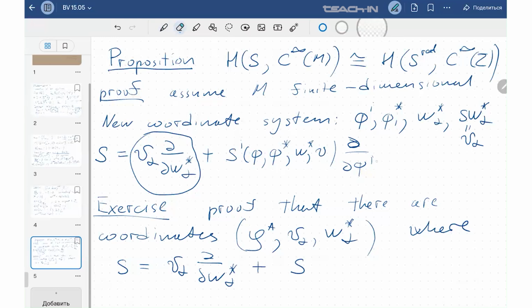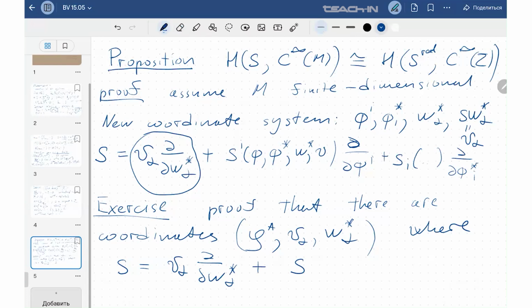Here we also have a piece with I, I forgot to write, of course, S I. It was the same d over d phi star I. I forgot one piece here. Sorry.